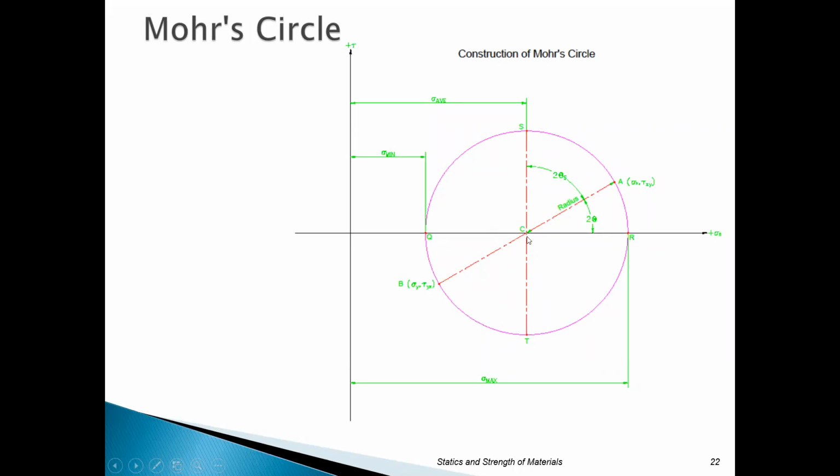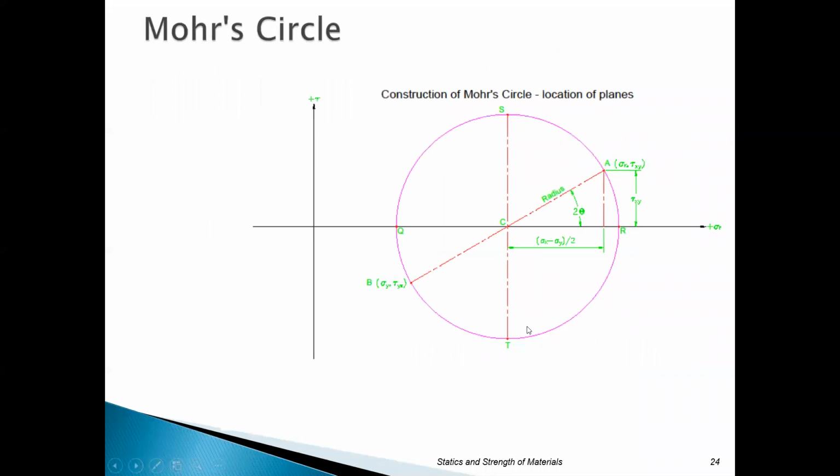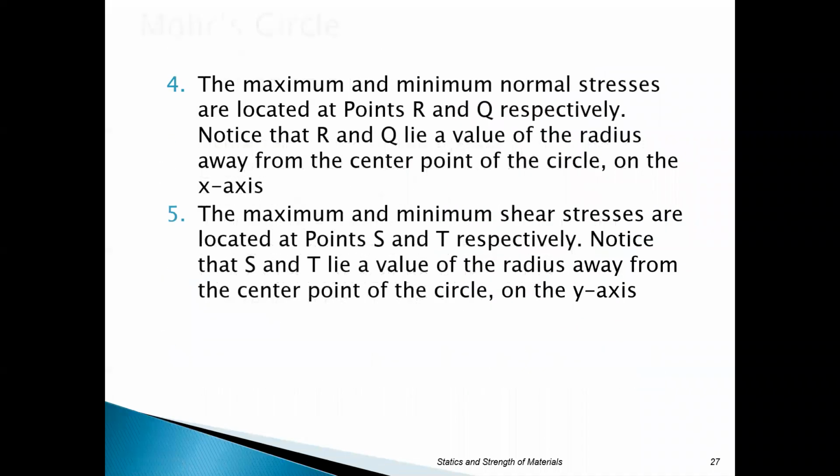So whatever the value of C is plus the radius, that's your max. This value minus the radius is your min. And the shear stresses are just going to be straight up and down along the circle. And that's going to be the radius value here and the radius value there. Okay. And we'll see how this works. It's pretty simple.